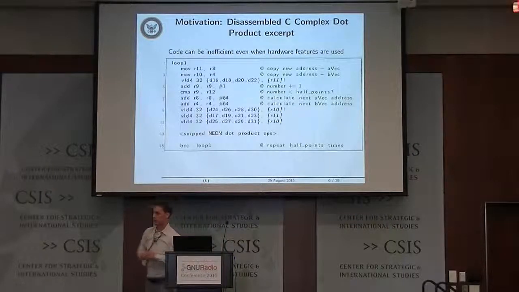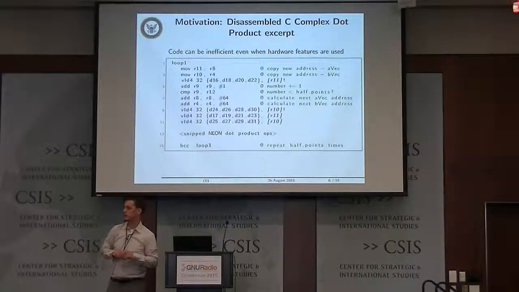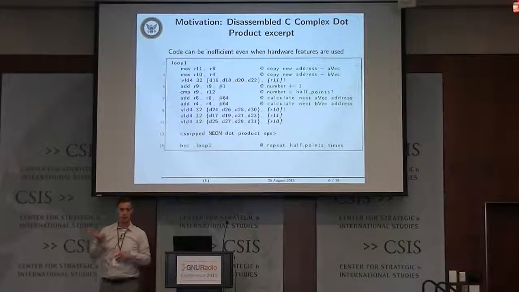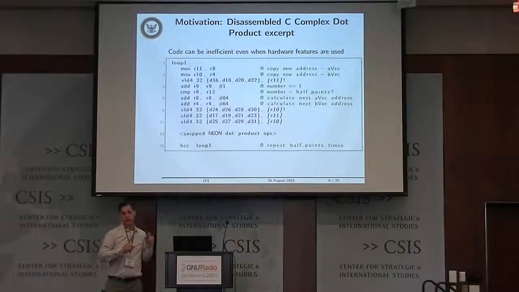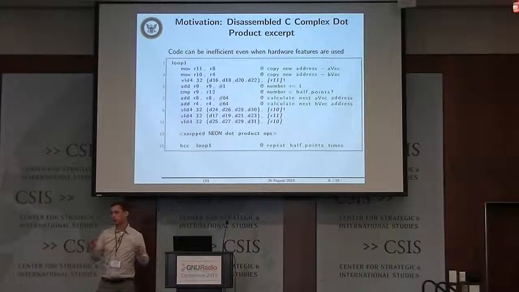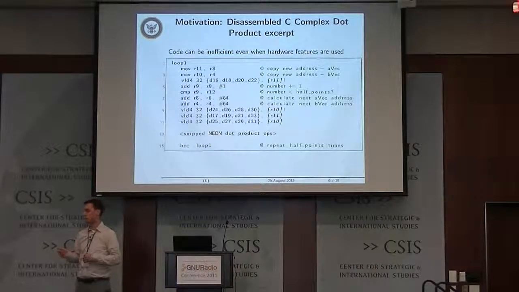So here's another look at the motivation for doing this. This is some disassembled code for Neon. I snipped out the actual Neon code, which was compiled with GCC, and it actually did the right thing for the most part. It emitted Neon instructions, and they're more or less equivalent to what I would have written by hand.